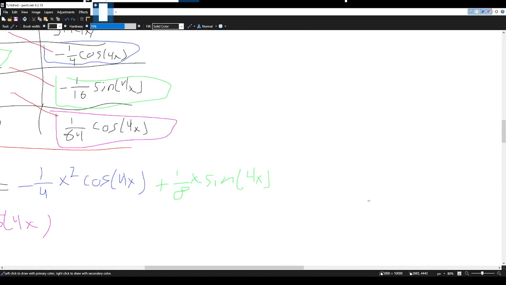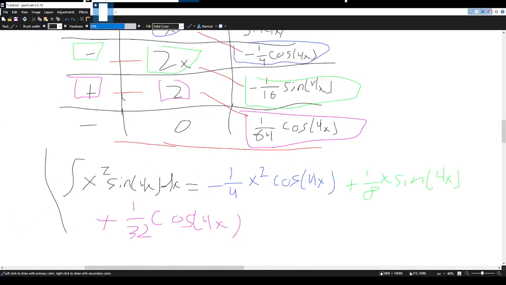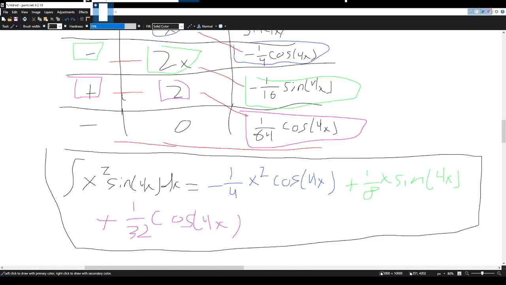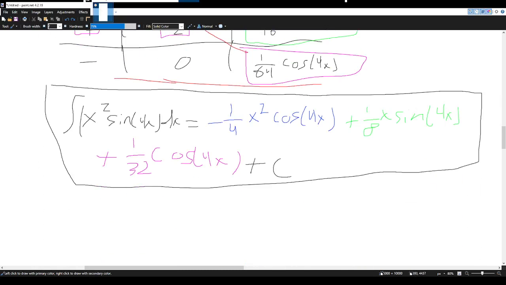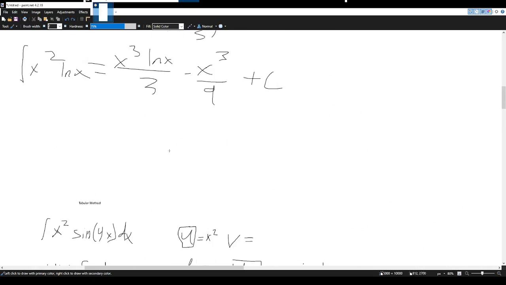Now you could do this. Oh, wow. There's nothing specific about this problem as opposed to the 2 previous problems we did that makes the tabular method work. Oh, plus C. It's just that it's slower if you're just doing it one time, but for this we would have had to do it a lot of times, because this thing would have just made it flip back and forth, and this would have taken obviously 3 derivatives to get to 0.